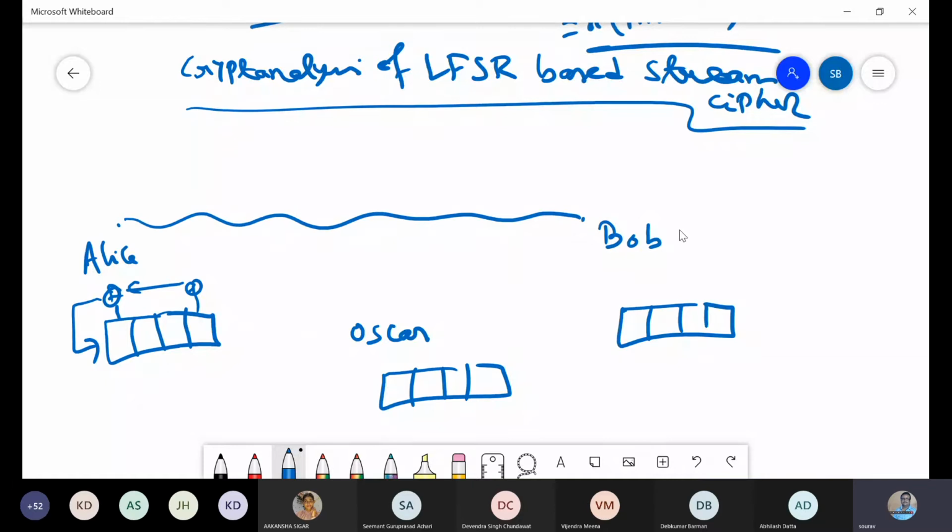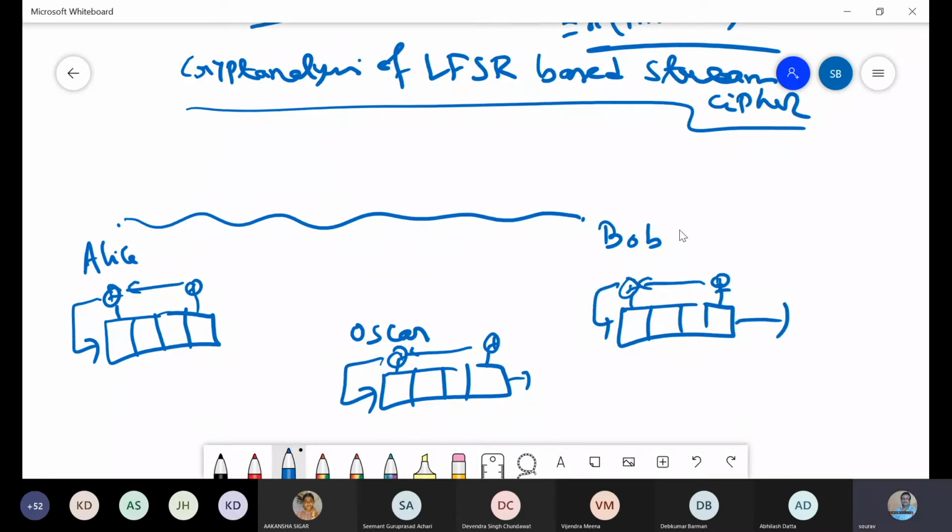So we fix the encryption algorithm. Here the encryption algorithm is basically the XORing with the key stream bit. So the key stream bit generated is part of the encryption and decryption algorithm. So we fix it, and we assume it to be public. So everybody knows this. Oscar also knows their LFSR. Bob also has the same LFSR. Bob has to decrypt it.